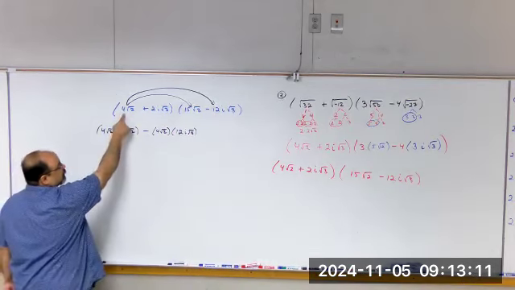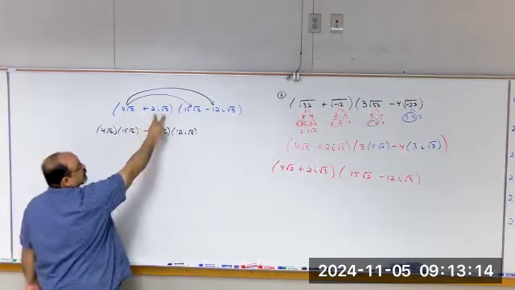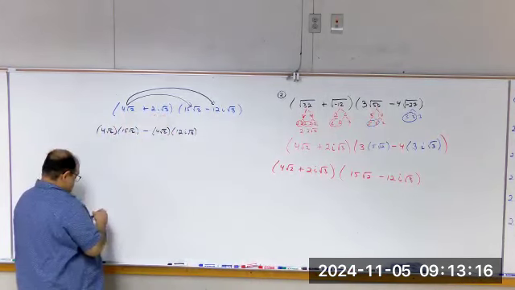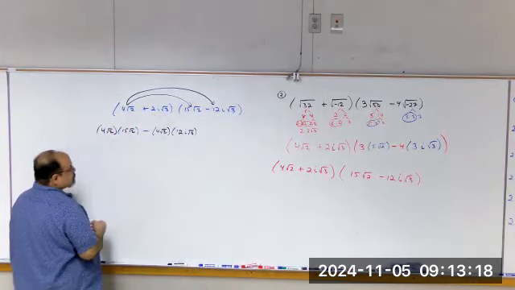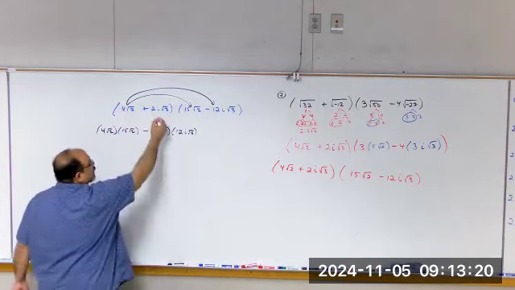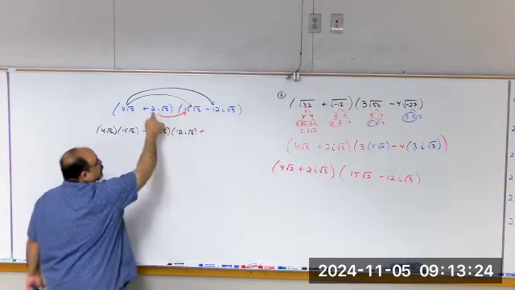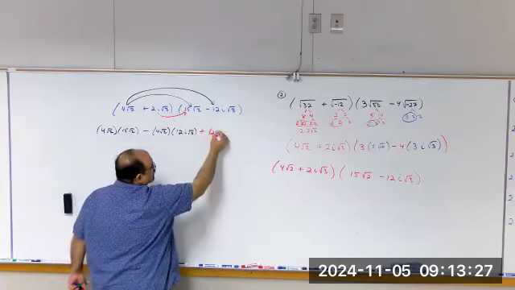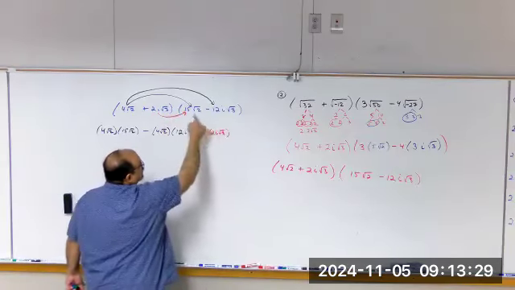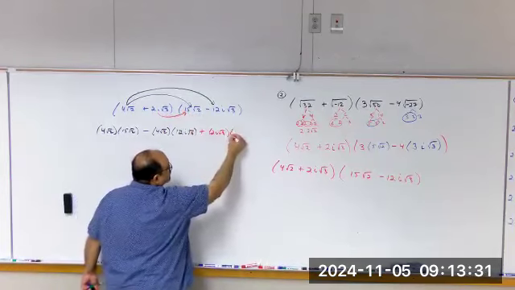So we're done with the 4 square root 2. Now we're going to distribute 2i square root 3. So positive times a positive, this is a positive. 2i square root 3 times 15 square root 2.